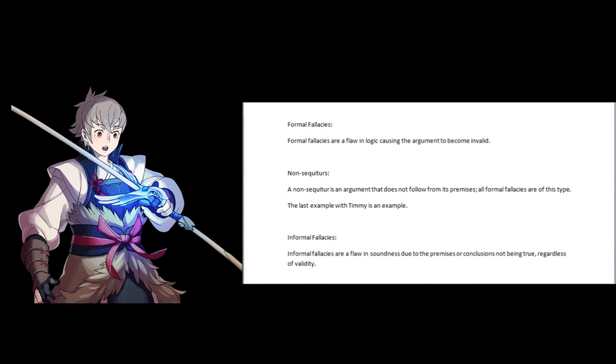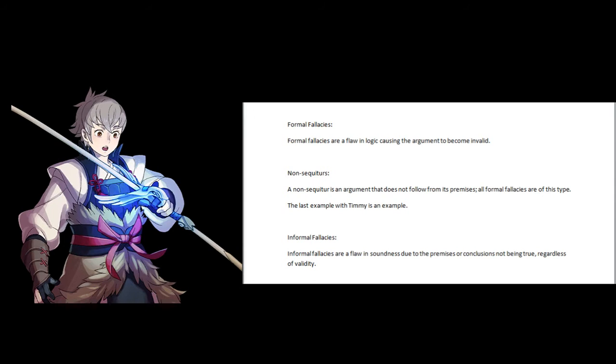Alright, so when you do not have sound arguments and valid arguments, you run into things called fallacies. A formal fallacy is a flaw in logic causing the argument to become invalid. There are many types of formal fallacies, and there are all kinds of special cases of non sequiturs. A non sequitur is an argument that does not follow from its premises, and all formal fallacies are of this type.